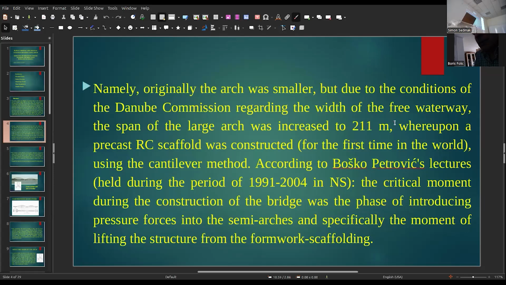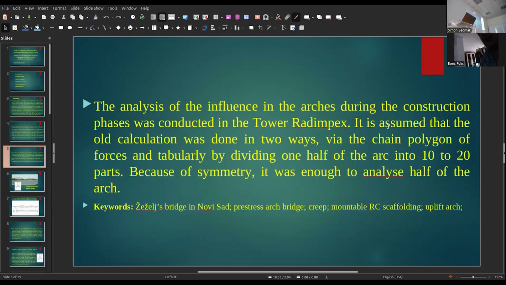The critical moment during the construction of the bridge was the phase of introducing pressure force in the semi-arch, and specifically the moment of lifting the structure from the scaffolding. The analysis of the influence of the arch during the construction phase was conducted.